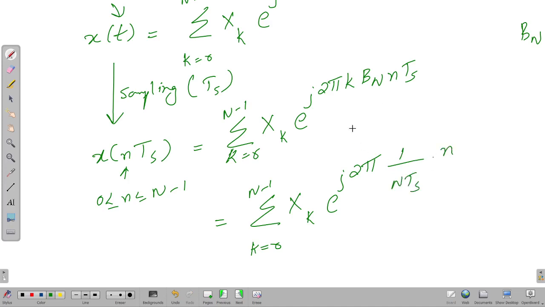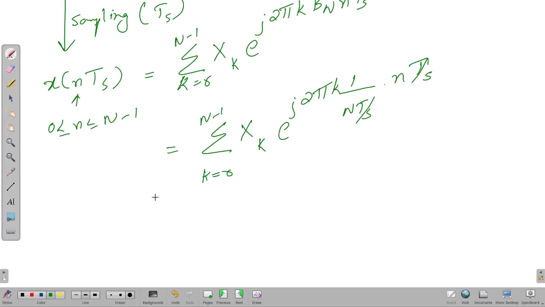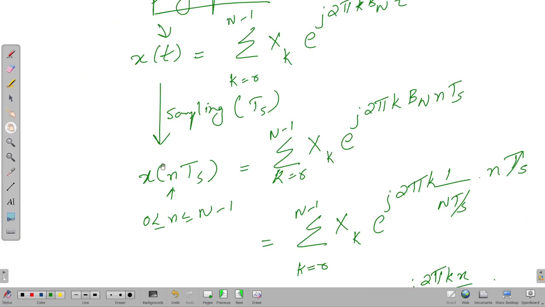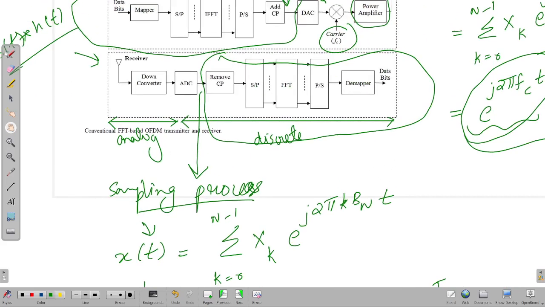You have n T_s and k here, so T_s and T_s get cancelled, and we have summation k equal to 0 to N minus 1, X_k e raised to j 2 pi k n divided by N, and this is the discrete, sampled OFDM that you get after this process, ADC.